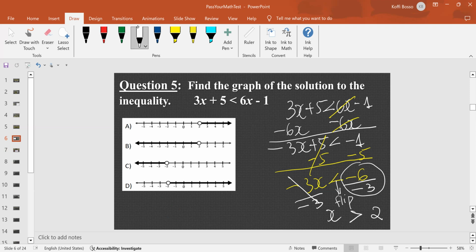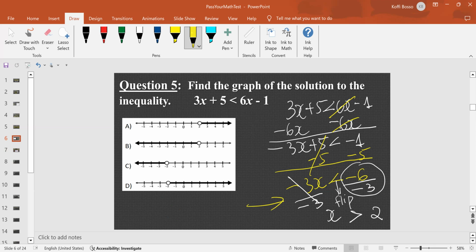Why do we flip? The rule is this: every time you divide an inequality by a negative number, you flip the inequality symbol, which is the case here. At this step, we divide everything by negative 3. Therefore, we need to flip it.